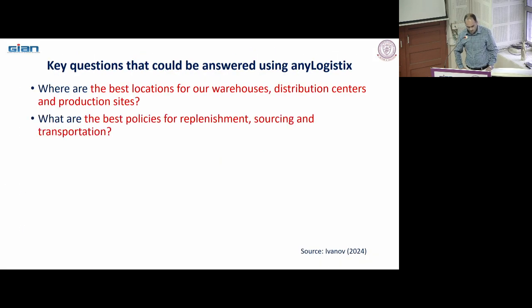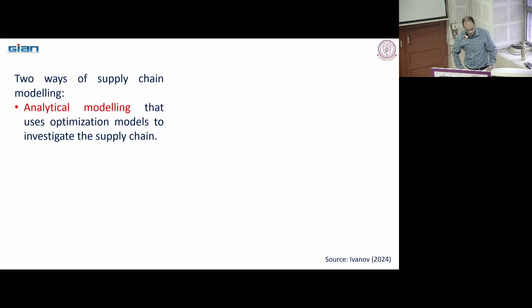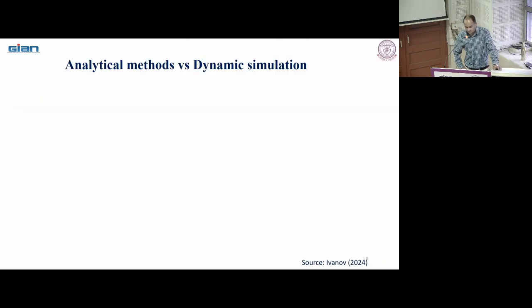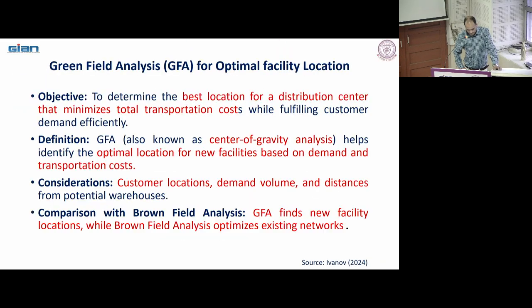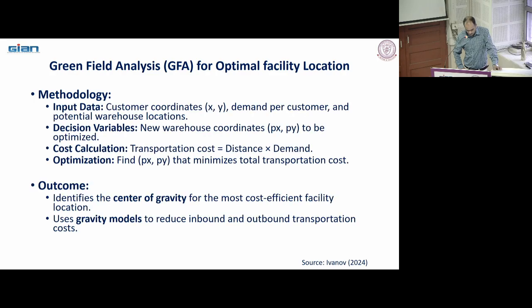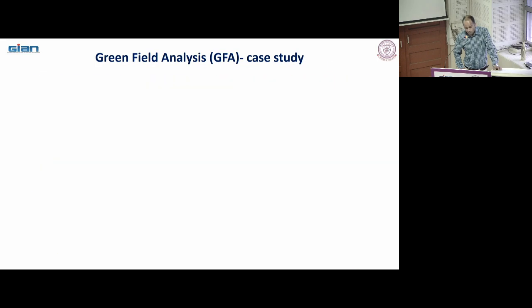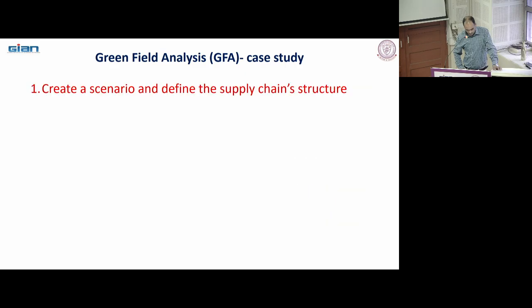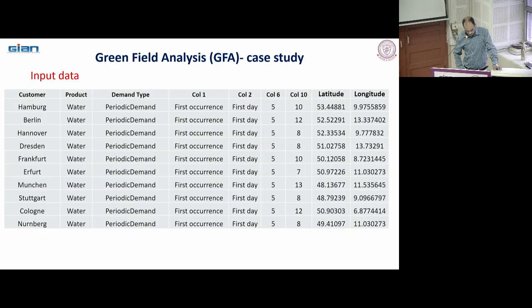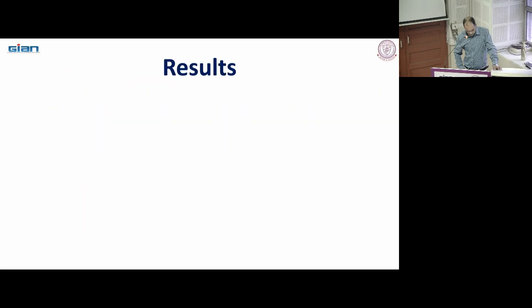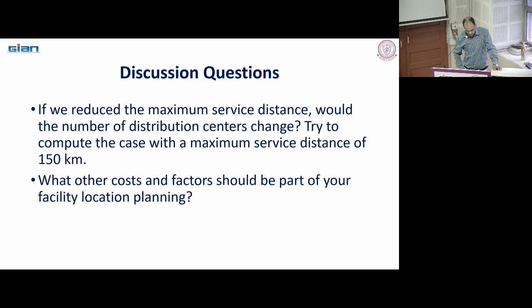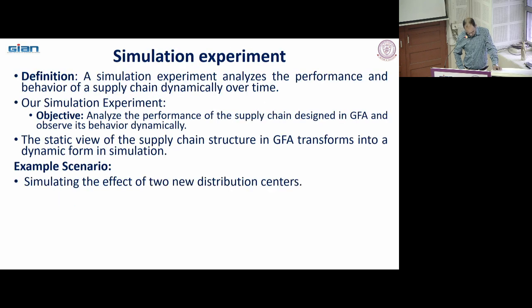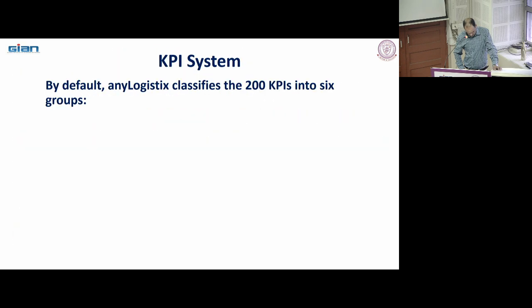Tell me some performance KPIs, guys, for greenfield analysis. What was the cost for a single distribution center? What was the cost? What was the flow amount?